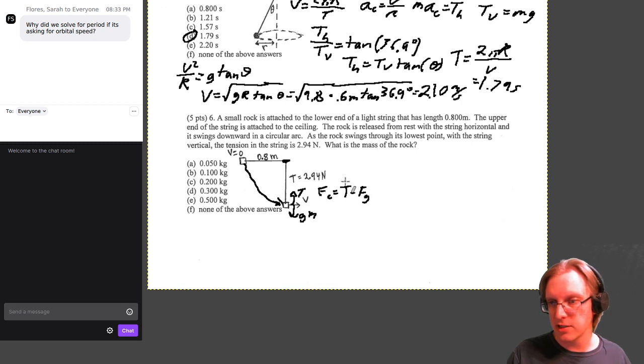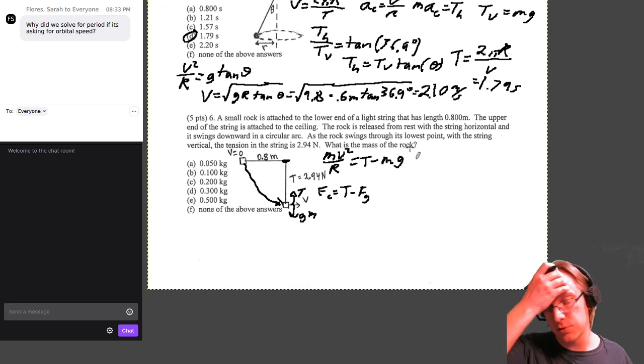None of the rest of the stuff has velocity in it. So we end up with mass of velocity squared divided by r is equal to tension minus mass times gravity. Yes, we do need that velocity.